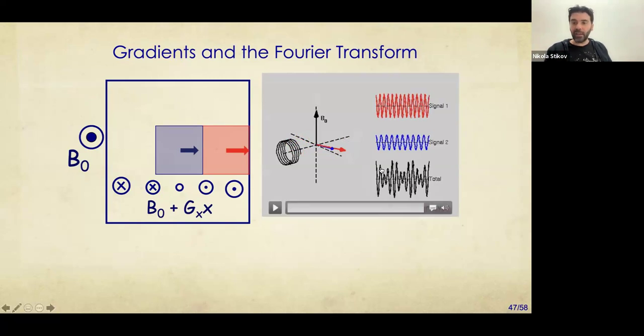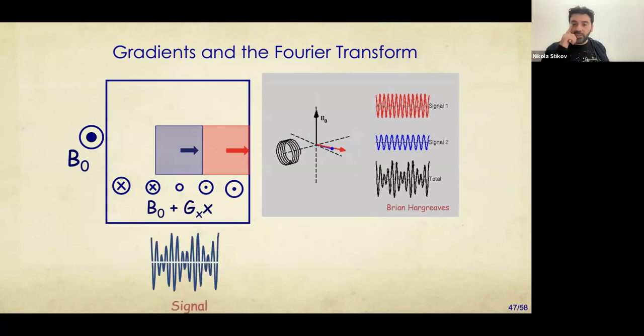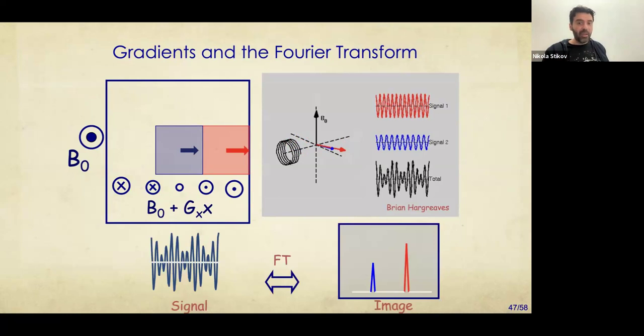But all you're getting is this total signal here that looks just like a jumble of frequencies. And then what you can do is you can take a Fourier transform, and the Fourier transform will tell you which frequencies are present in that signal.